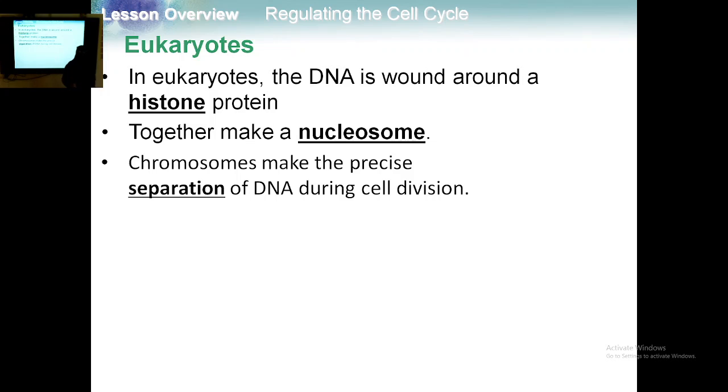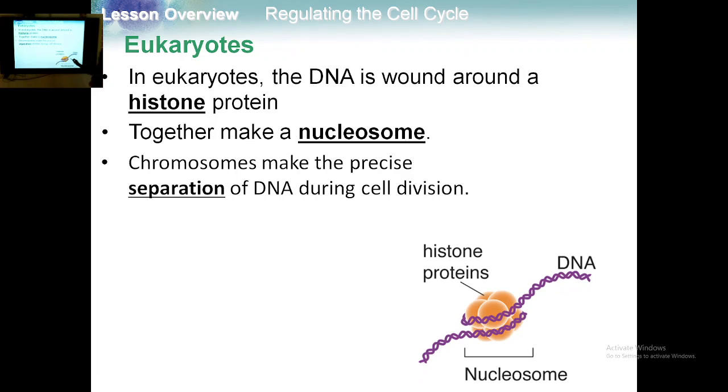Without the forming of the chromosome, the separation of the chromosomes will not be precise or sharp, okay? If the DNA is not in the chromosome structure, then the DNA will be like spaghetti, a dish of spaghetti, so it's really hard for the cell to separate the DNA into two different cells, okay?